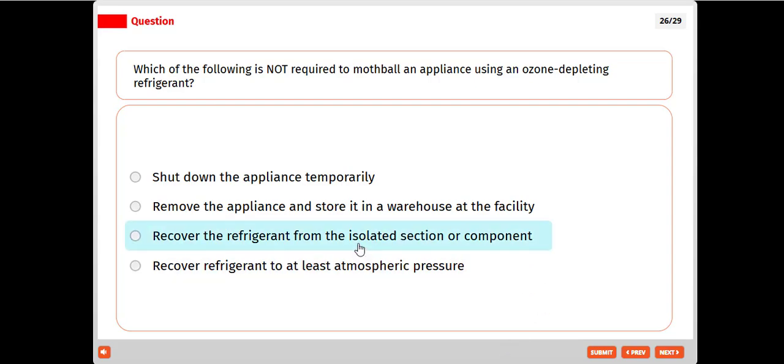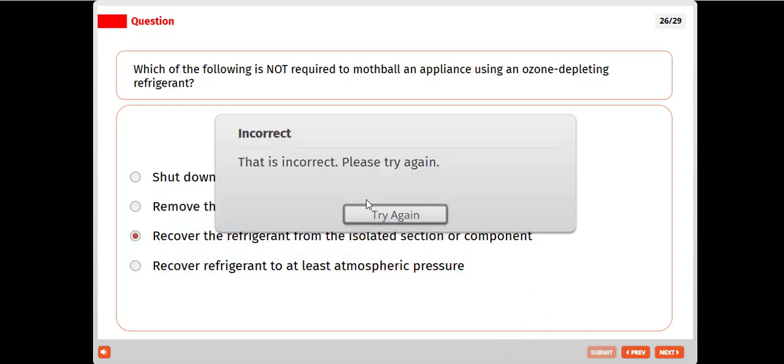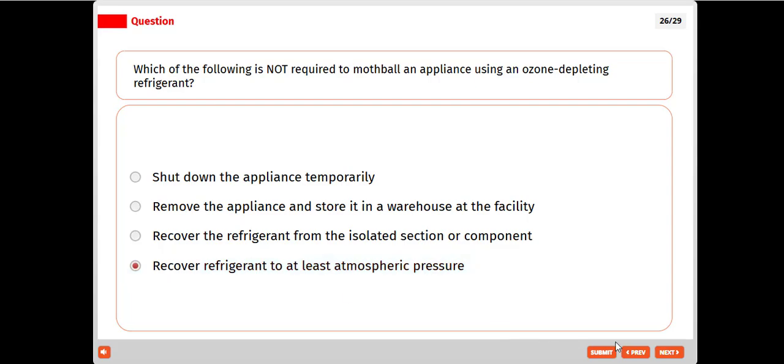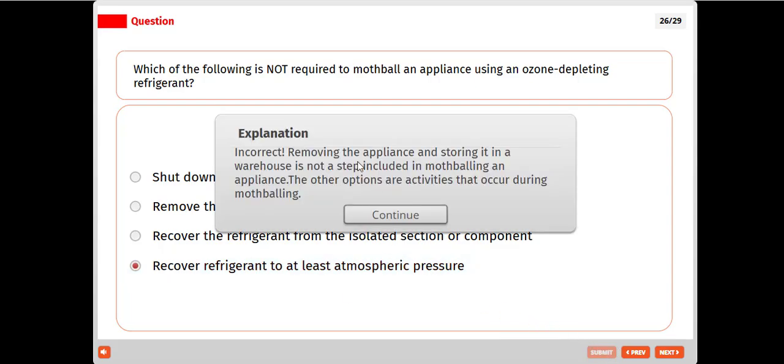Not required... I don't know this one. I think recover. Removing the appliance and storing it in a warehouse is not a step included in mothballing an appliance. Okay, and the other options are activities that occur during mothballing.